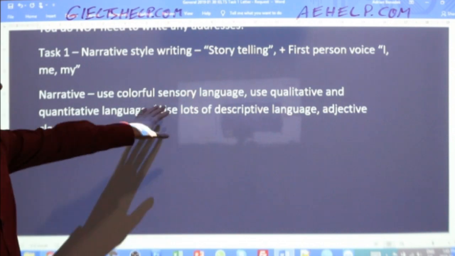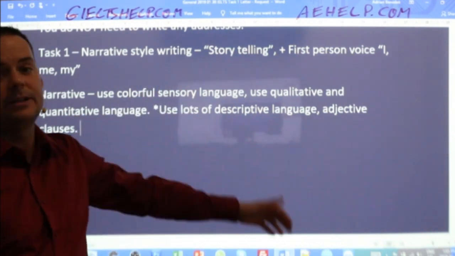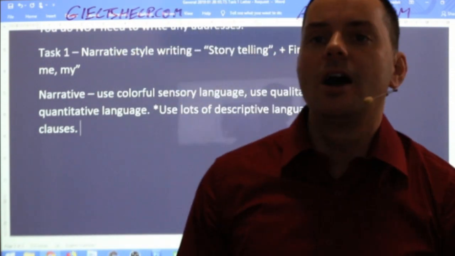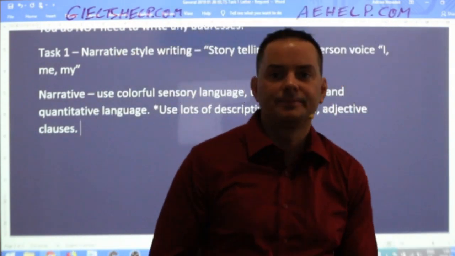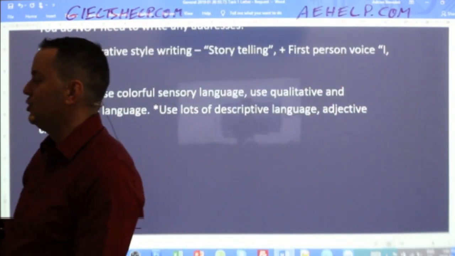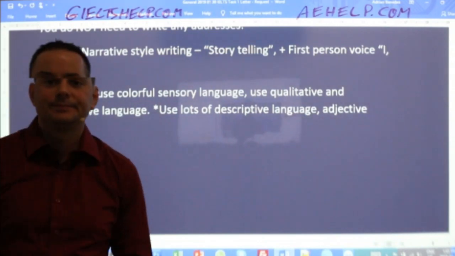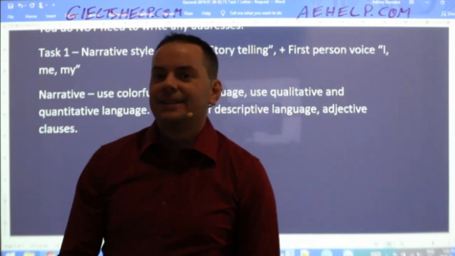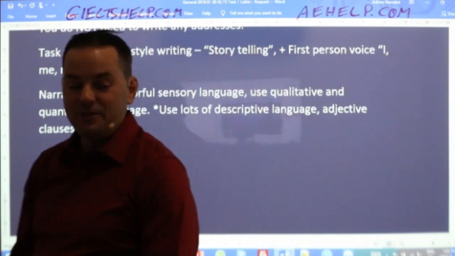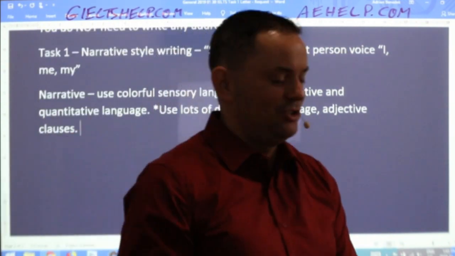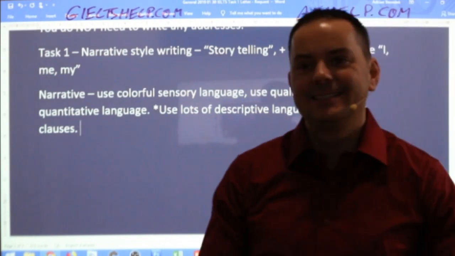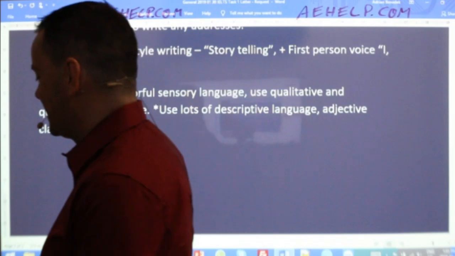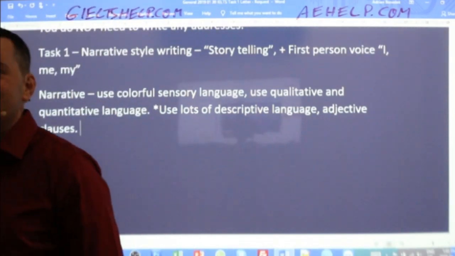So sensory language, what is that? It's a good question. Humans have 5 senses. What are they? What are the 5 human senses, students? Let's see how many of you are paying close attention to my ramblings, advice, suggestions.